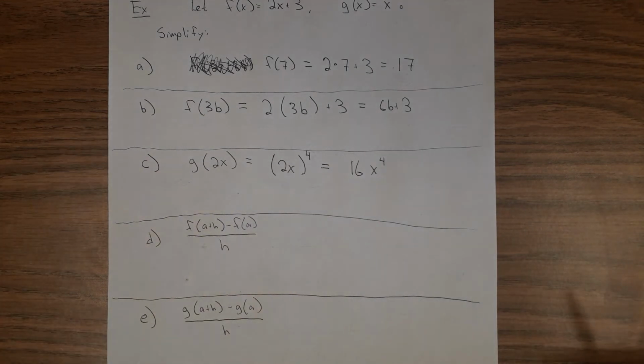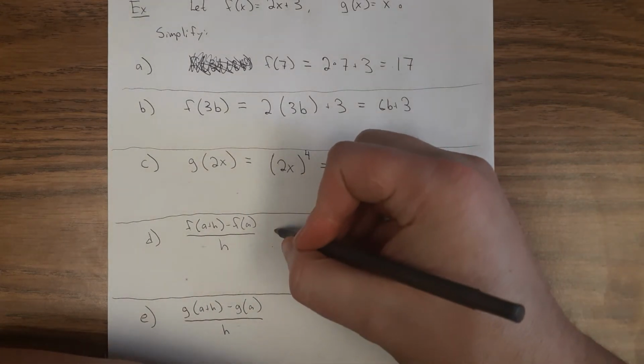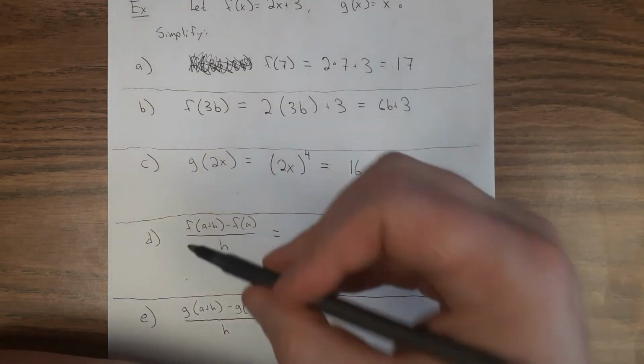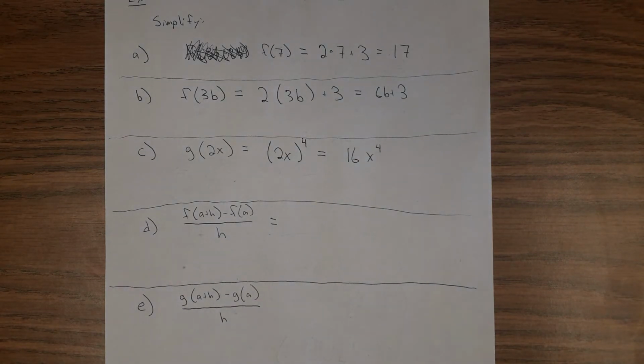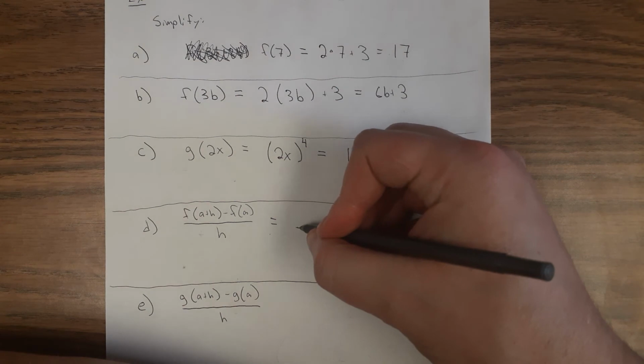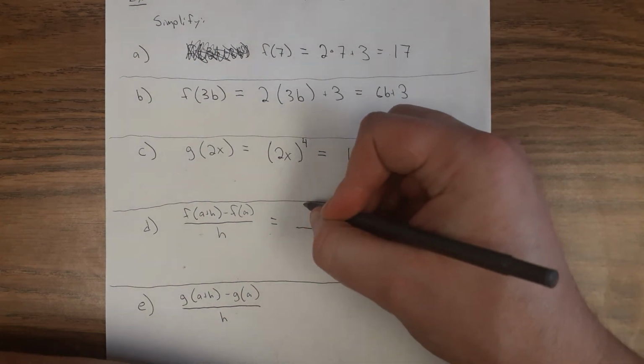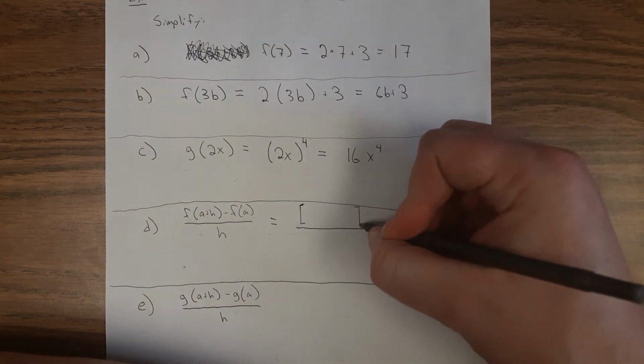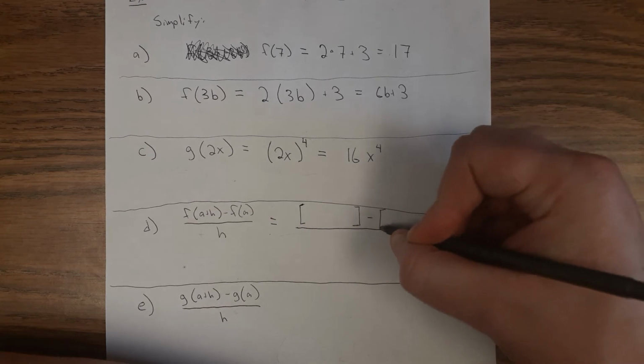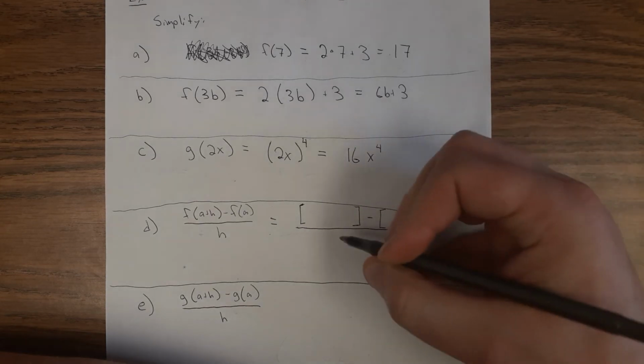Then we have some things that look like this. f of a plus h minus f of a, over h. And this is a slightly more complicated expression, but we do this basically the same way. I'm not going to go too fast here.